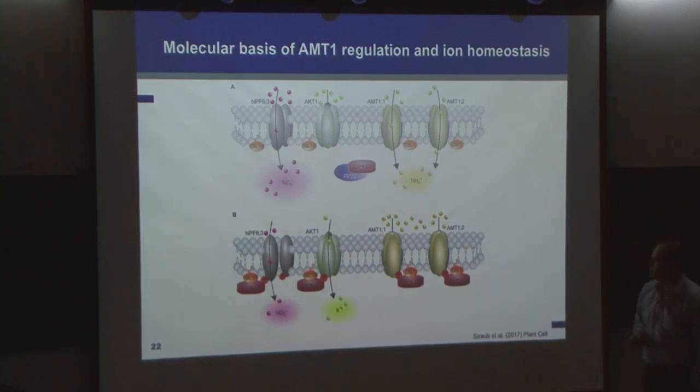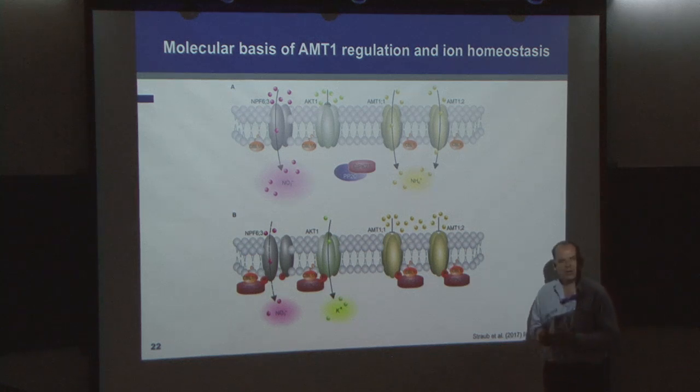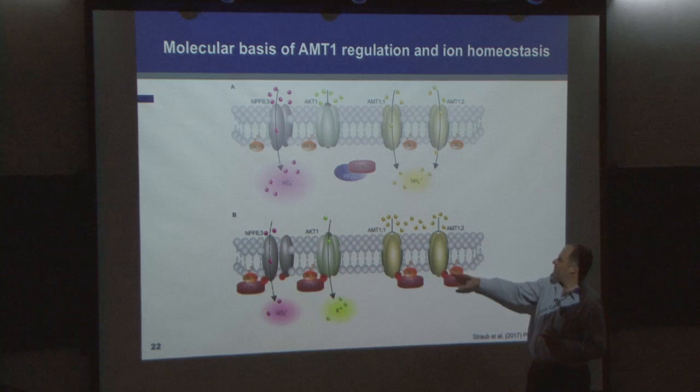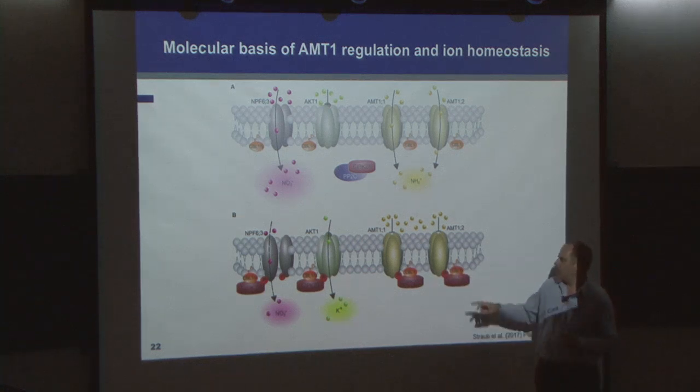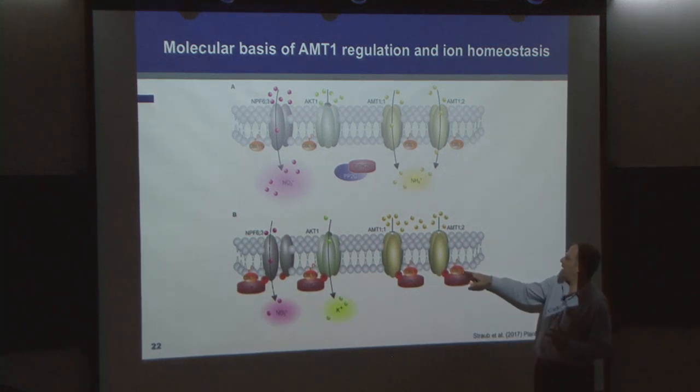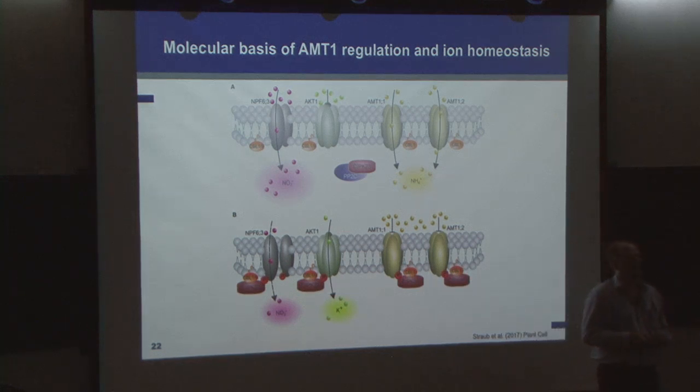These CIPK kinases belong to a family of kinases that are found in plants with about 24, 25 members. Yeah, and CIPK23 is one of the members of these kinases. These kinases always come as proteins that interact with a second subunit, the so-called calcineurin B-like subunit.